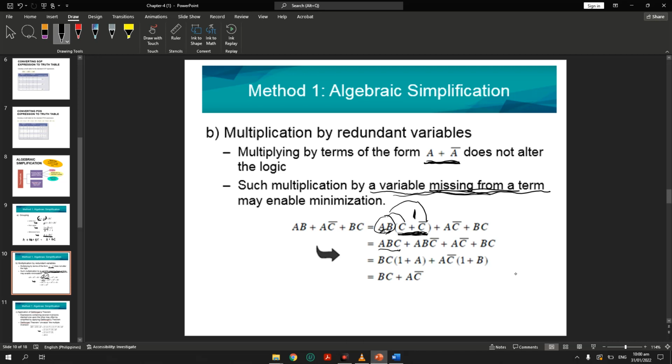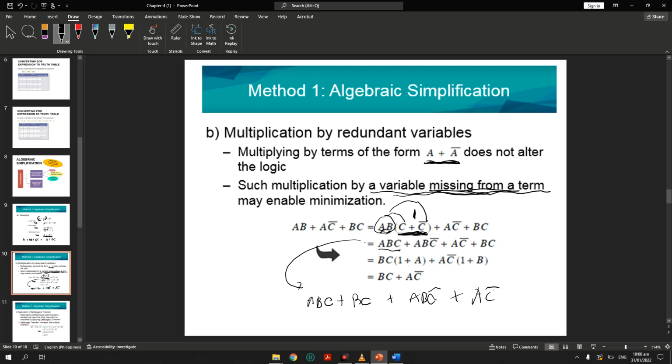So this term could be rewritten as ABC plus BC plus ABC complement plus AC complement.